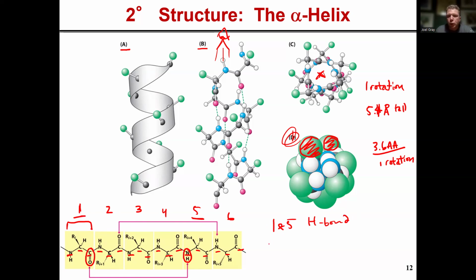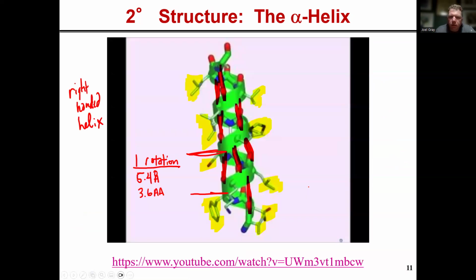Then the carbonyl from 2 and the amide from 6 hydrogen bond. Okay, now let's jump back here. That would be like this right here, 1, and this is 5. Okay, so then this is 2, and this is 6.